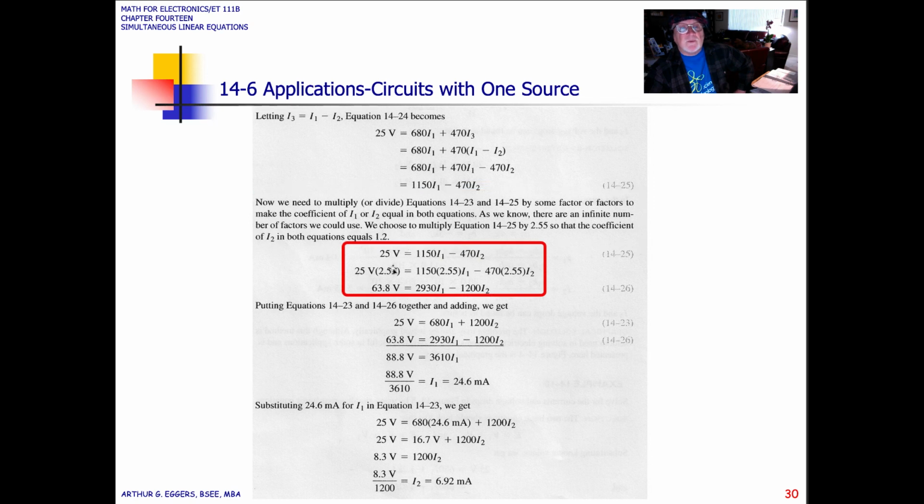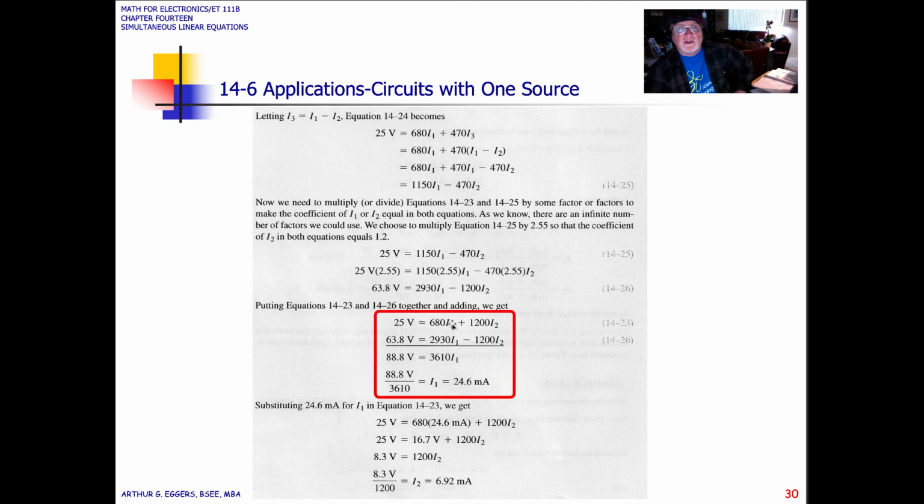So the next step, when we multiply through each of the terms by 2.55 from equation 1425, we end up with 63.8, 2930, and 1200 as the coefficients for each of the terms in this expression. So now we can take the original number one equation, 25 volts is equal to 680 by 1200, which are our coefficients and our resistances and our applied voltage.